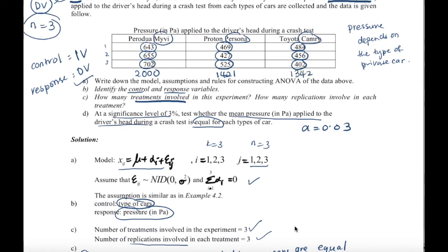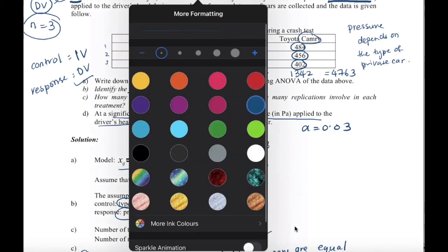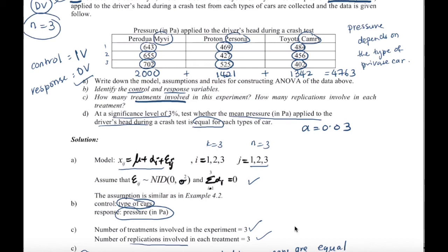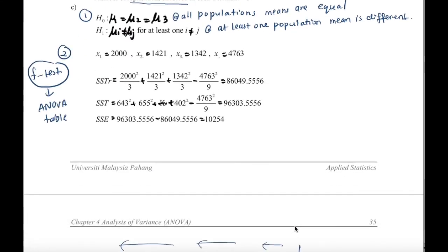After you find the summation of each treatment, you find the total. 2000 plus 1421 plus 1342, here you will get 4763. Next, you have to find SSTR.